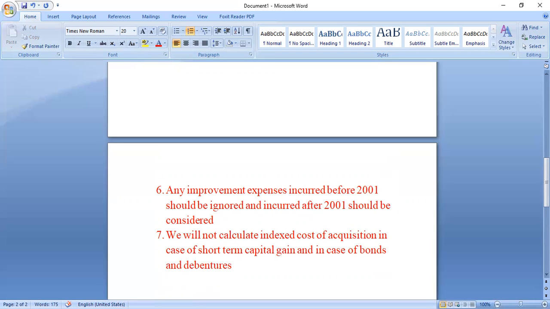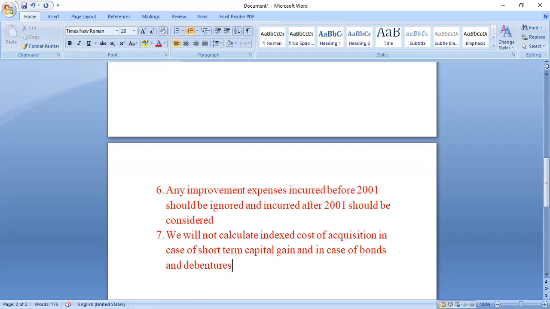Similarly, indexed cost of improvement is equal to cost of improvement into previous year index divided by index of the year in which improvement expenses were incurred. So I think I covered all the important points in the last unit, fifth unit, income from capital gain.